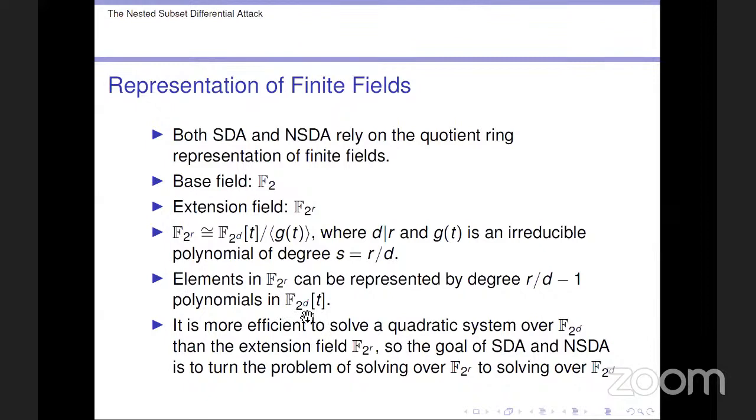Now, it's more efficient to solve a quadratic system over that intermediary field than over the extension. So the goal of both SDA and NSDA is to turn the problem of solving over F2^R into solving over F2^D.